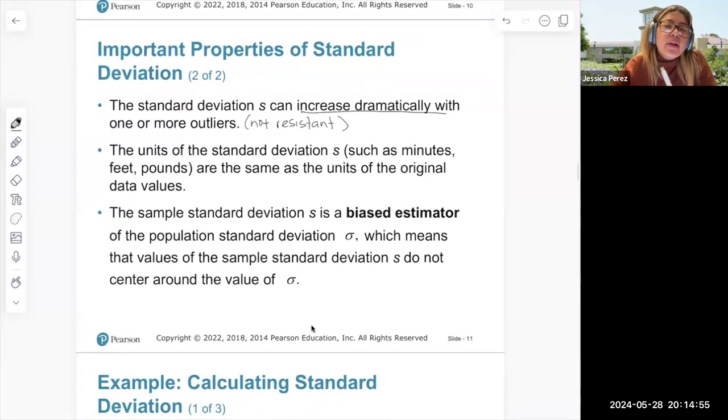The sample standard deviation S is called a biased estimator because it is biased toward the sample. The sample standard deviation S is a biased estimator of the population standard deviation sigma, which means that the values of the sample standard deviation do not center around the value of sigma.